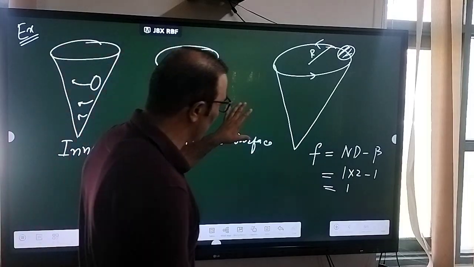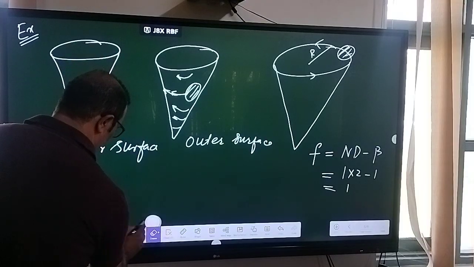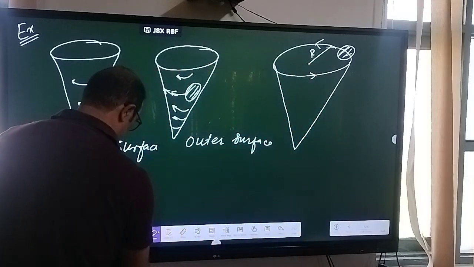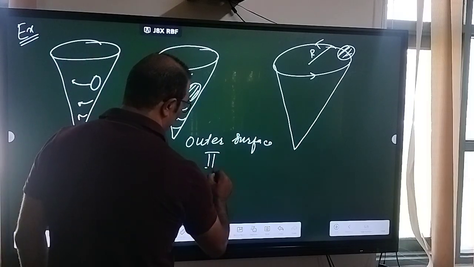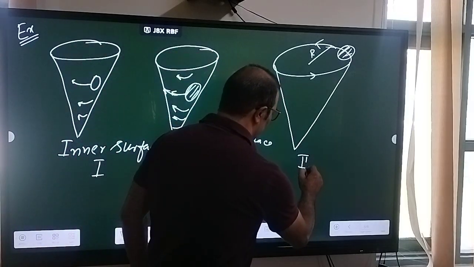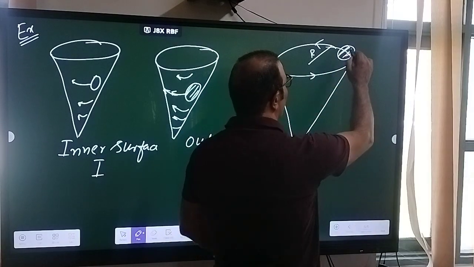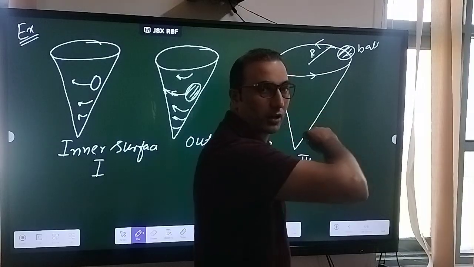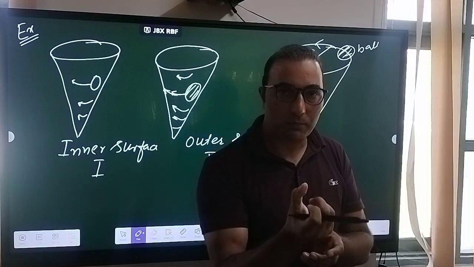So I am basically making three cones here. Okay, let us take these two cases. Let me take case third first. So in case third, we are saying that a ball, this is a ball, is moving along the surface of that cone. So when we take a cone, a ball is moving on its surface.